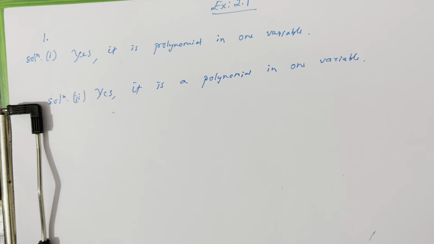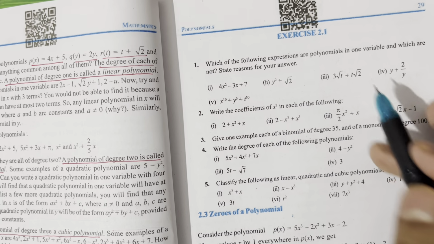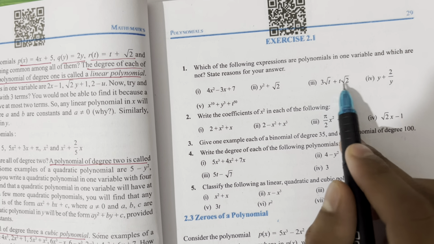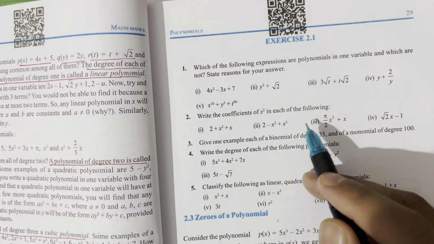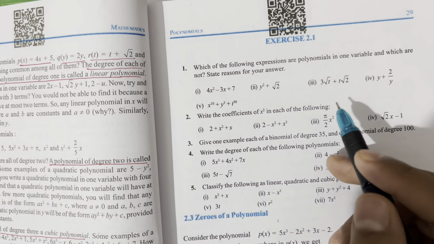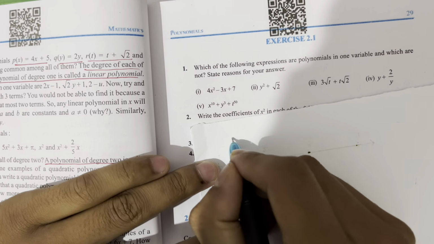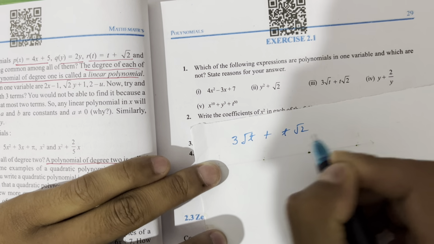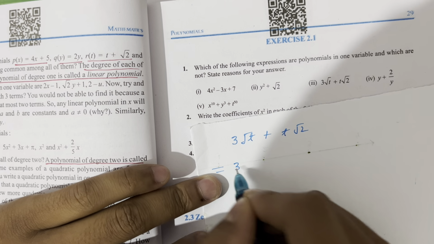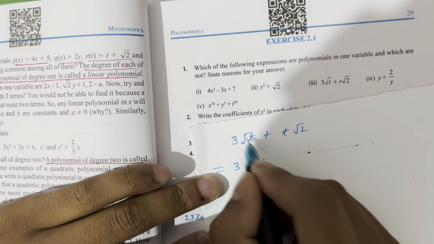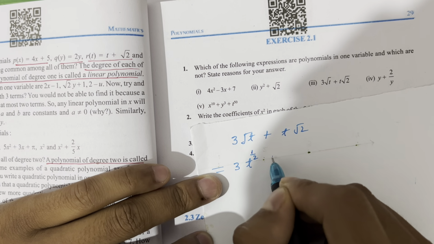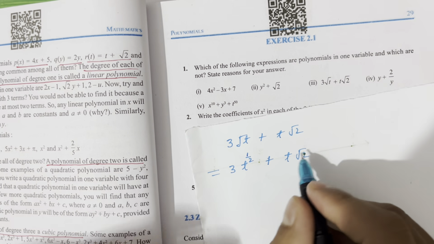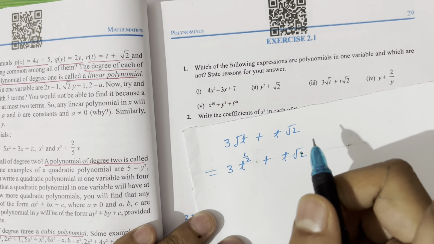Now let's go for number 3. Number 3, here we have 3 root t plus t root 2. So now you think, is this a polynomial or not? Let me solve it here. 3 root t plus t root 2. This root t I can write as t to the power half, plus the t root 2. So now you check here, how many variables? One variable only, that is t.